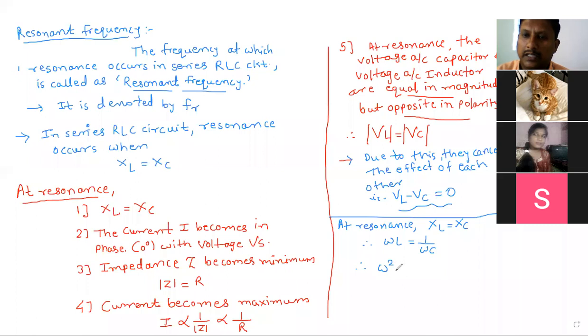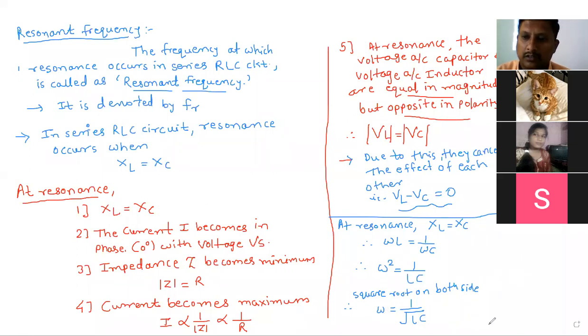Omega into omega becomes omega square, and the right-hand side becomes 1 upon L into C. Omega means 2 pi F, squared, or you can directly take the square root on both sides. What happens? Omega becomes 1 upon under root LC.